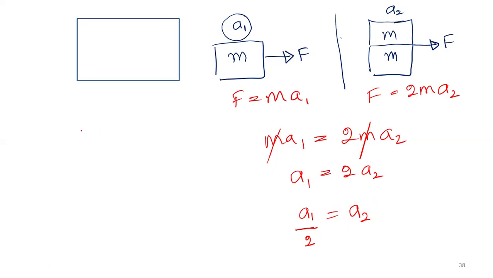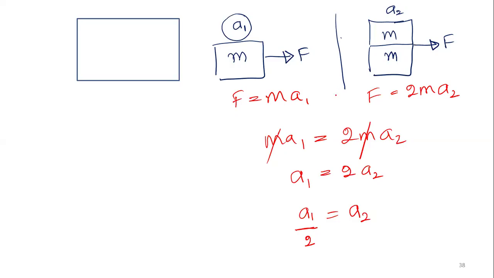Practically, you can think that when the mass doubles, acceleration will reduce by 2 times. Again, it will become half. If the mass is increased by 4 times, acceleration will become 1/4. Like that, you can get it practically, logically also. But equation-wise, if you are able to prove it, superb.